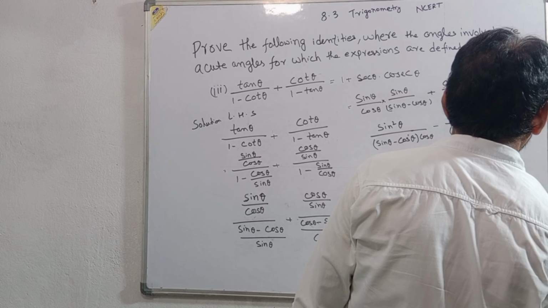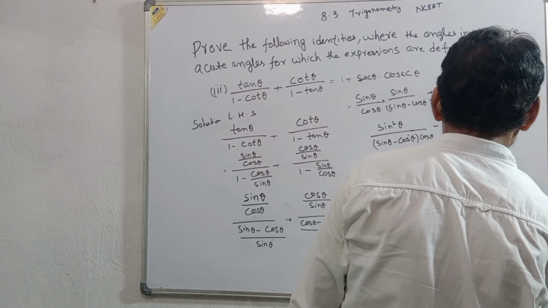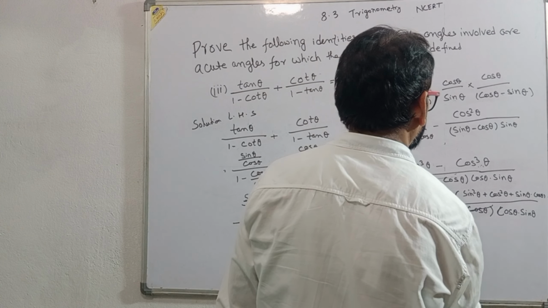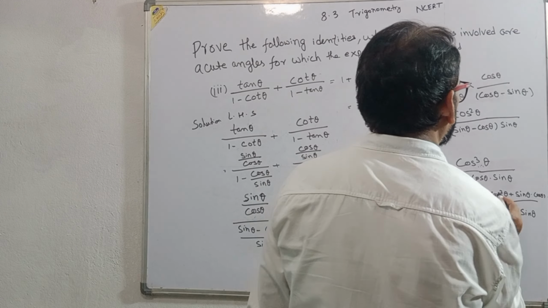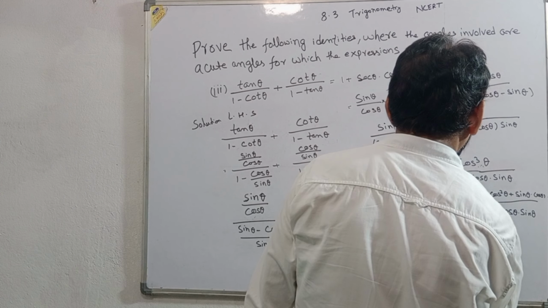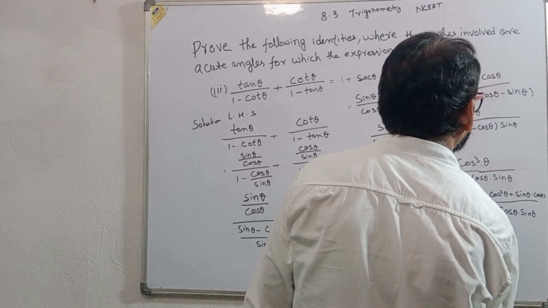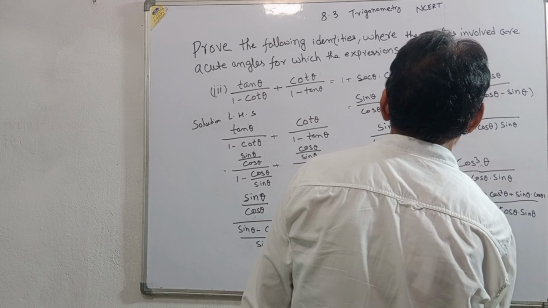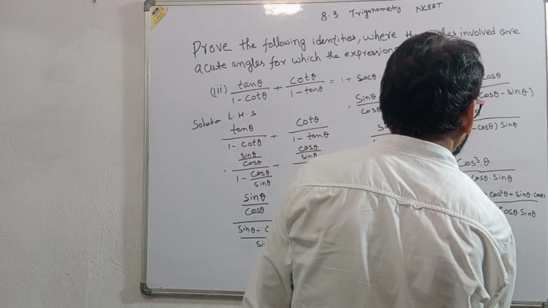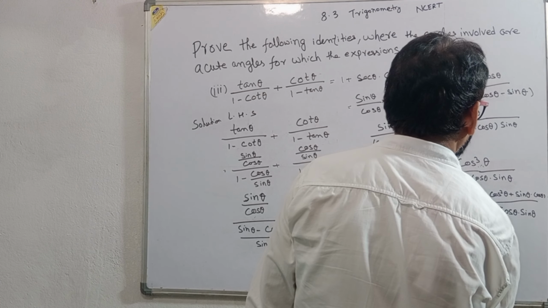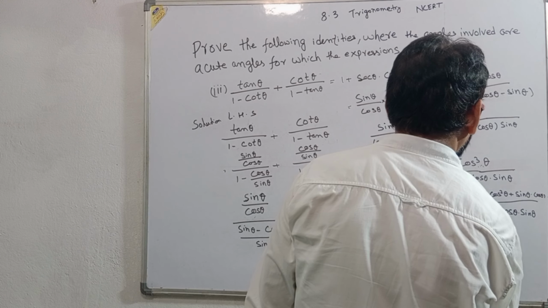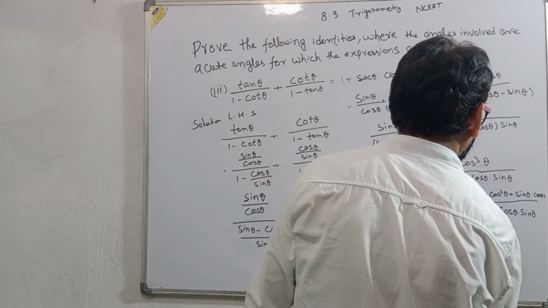This is here cutting. Here 1 plus sin theta into cos theta divided by sin theta into cos theta.